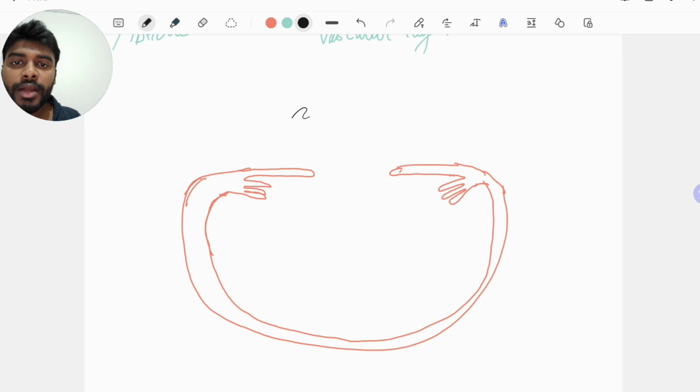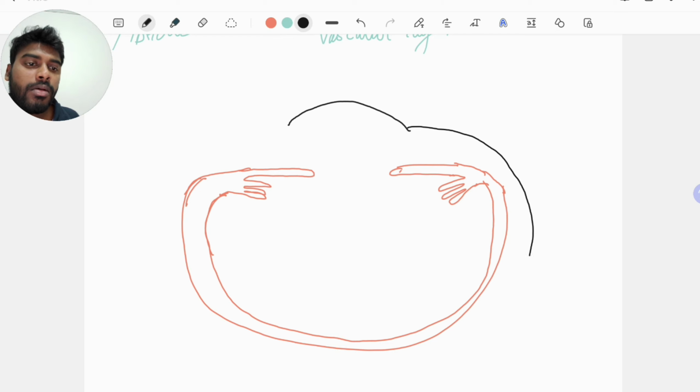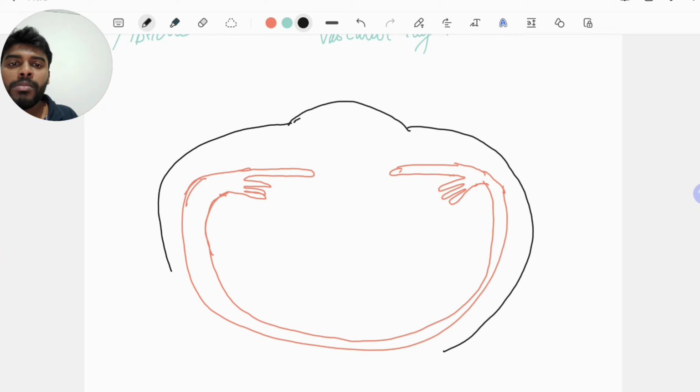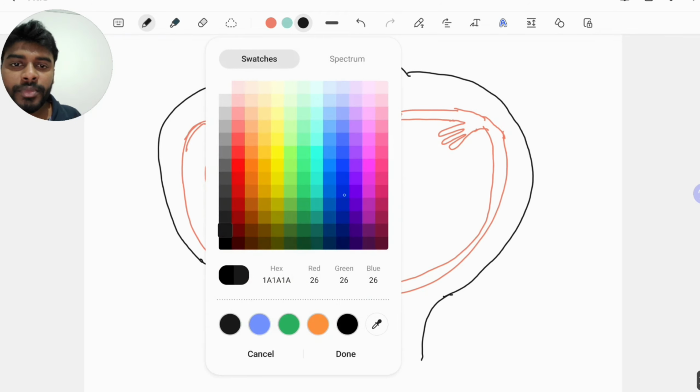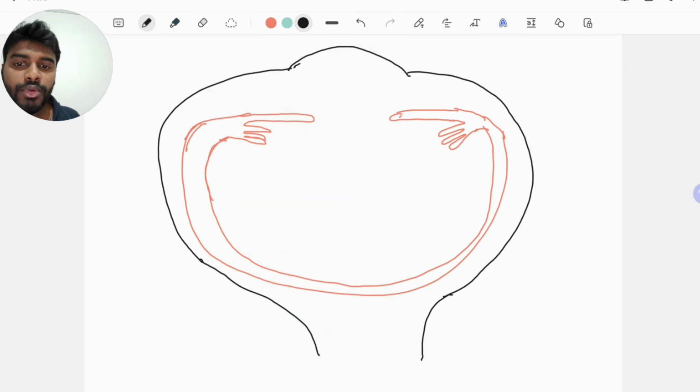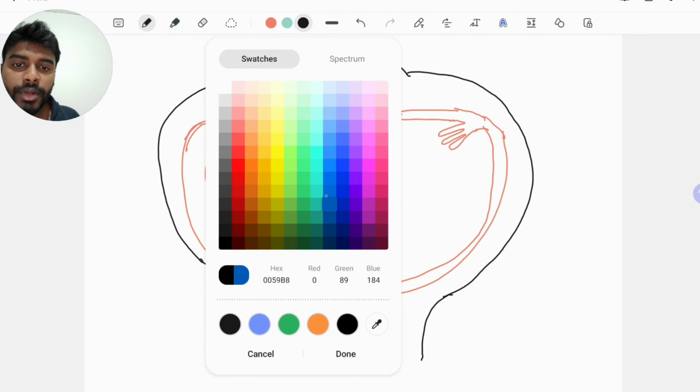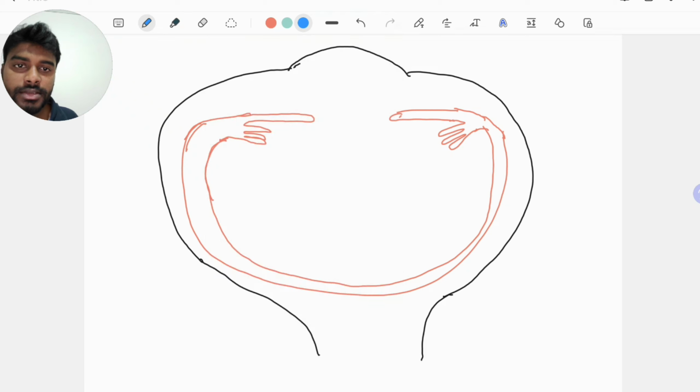In black, I will draw the outermost layer. Then I will use the blue color to represent the lens. The lens will come here.